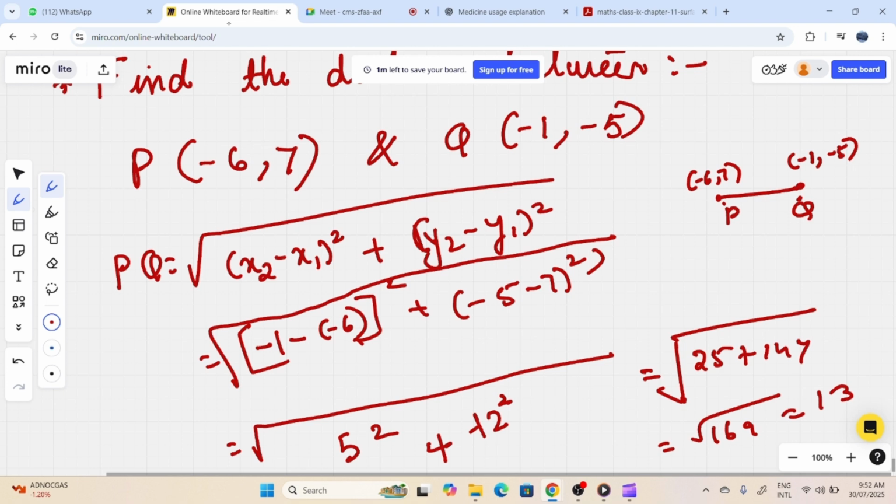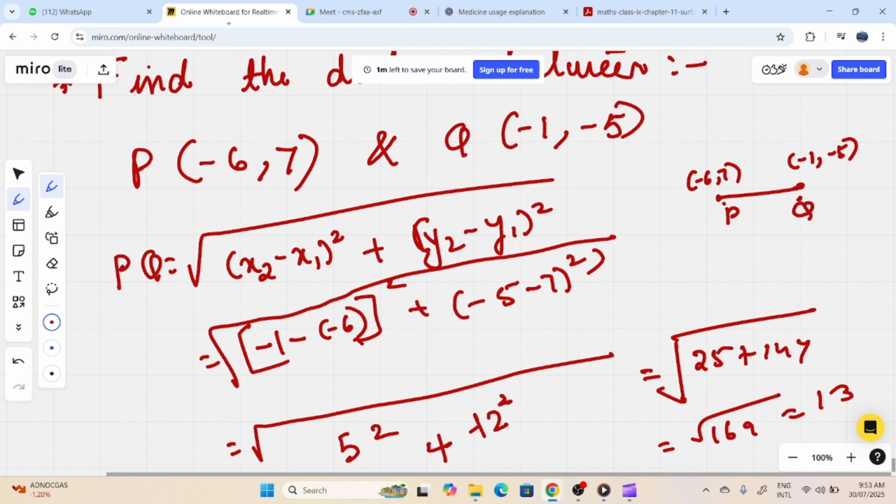Ma'am, it's plus 12 square? Minus 12 square, right? Sign of the greater number. Yeah. Minus 5 square is 25. Minus 7, 7 minus 5. How did you get it wrong?